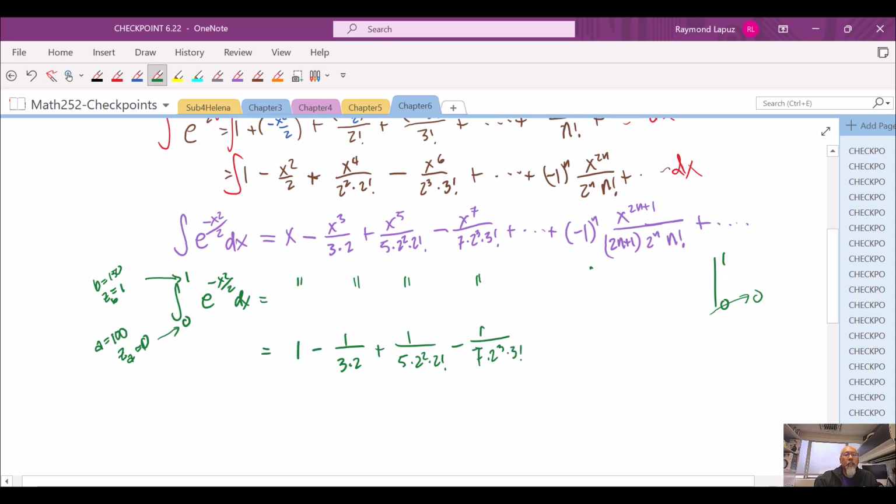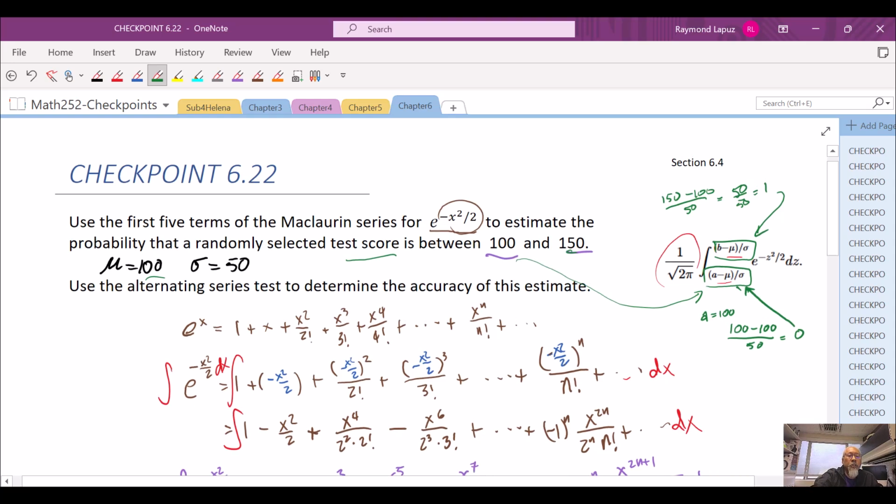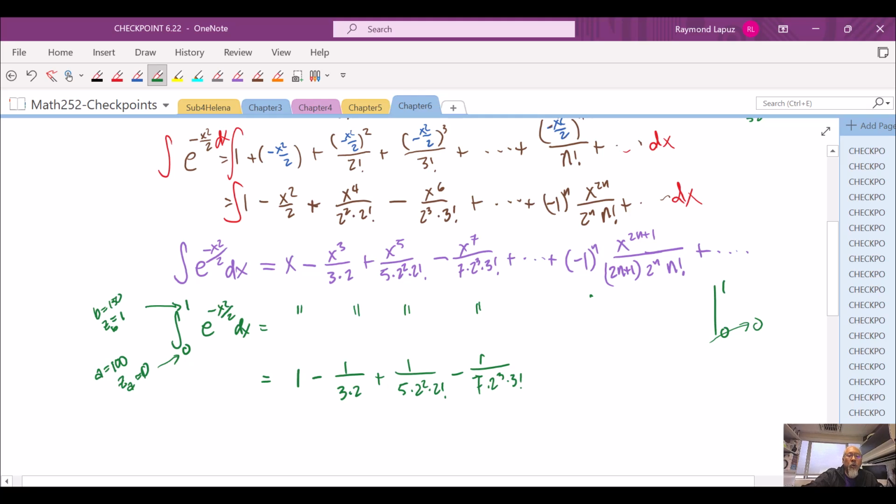Now they say use 5 terms. So I got 1, 2, 3, 4, and the 5th term, if we notice, the signs go positive, negative, positive, negative, so the next term will be positive. And then it's the next odd number, 3, 5, 7, and the next odd number is 9.